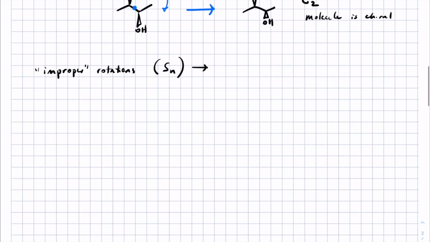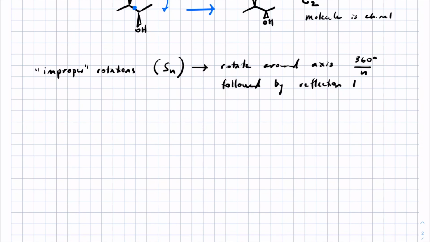Improper rotations are, again, you're going to rotate around an axis by 360 degrees over n, where n is an integer, followed by reflection through a mirror plane, but not just any mirror plane, one that is perpendicular or orthogonal to the rotation axis.